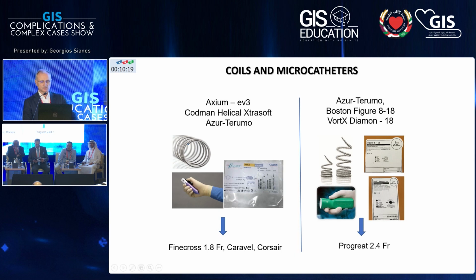But in case that for some reason you don't have them, essentially you have to open a new microcatheter. The coils sometimes come compatible. They give you the guidance of which microcatheter can be delivered, and if they're not compatible with what you already have, you have to get the expense of a second microcatheter and deliver them.